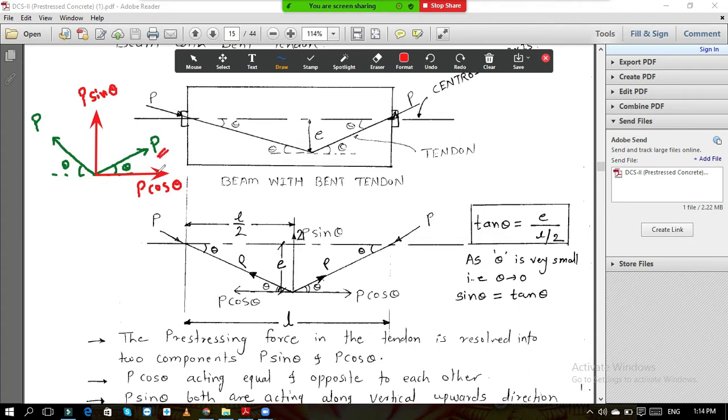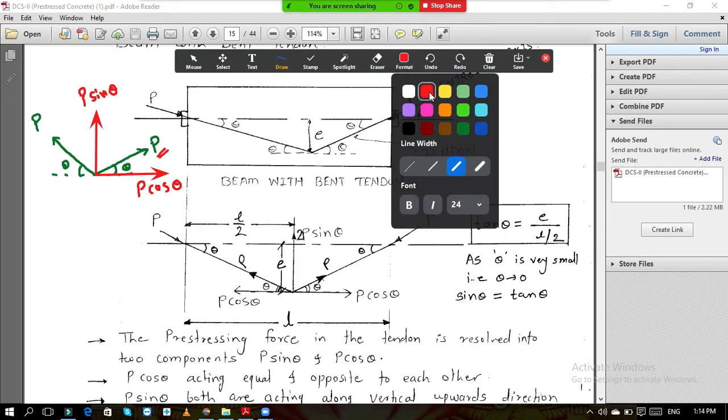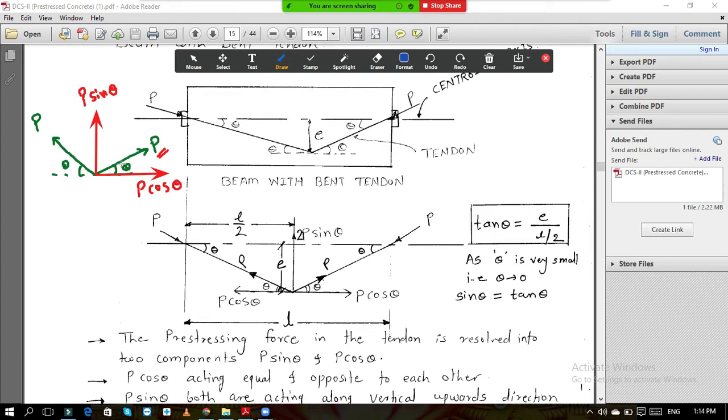Now the same force is there on the left hand side also. If you resolve this force again, this will also become P cos theta and P sin theta.